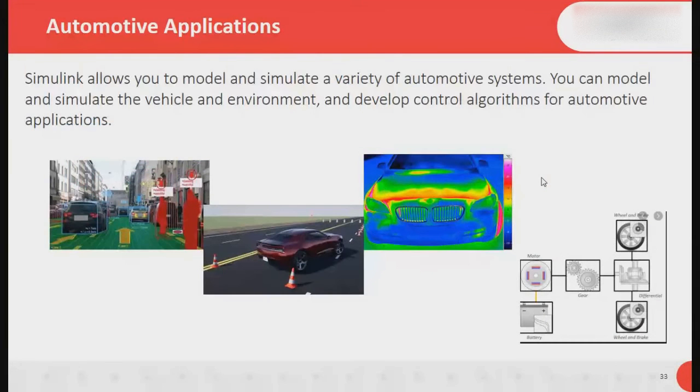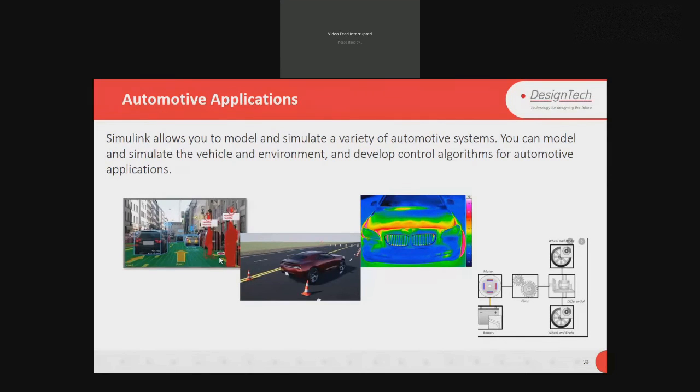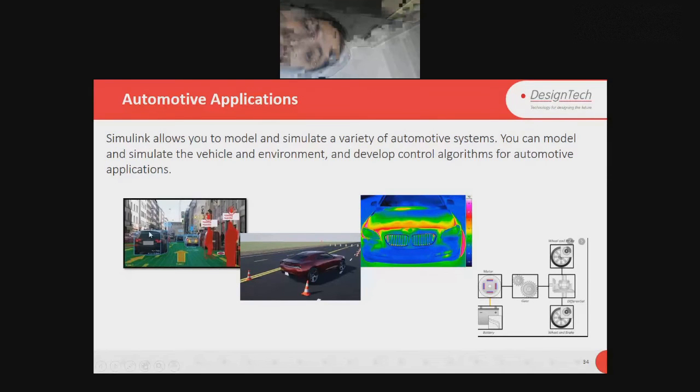So these are applications of automotive. If someone is working on automotive, let's discuss what toolboxes are there for automotive. If you're designing an automated driving car, we have an Automated Driving Toolbox for it. Here we do some perception, then after perception you have to decide, then you have to take the actions for the automated driving car.